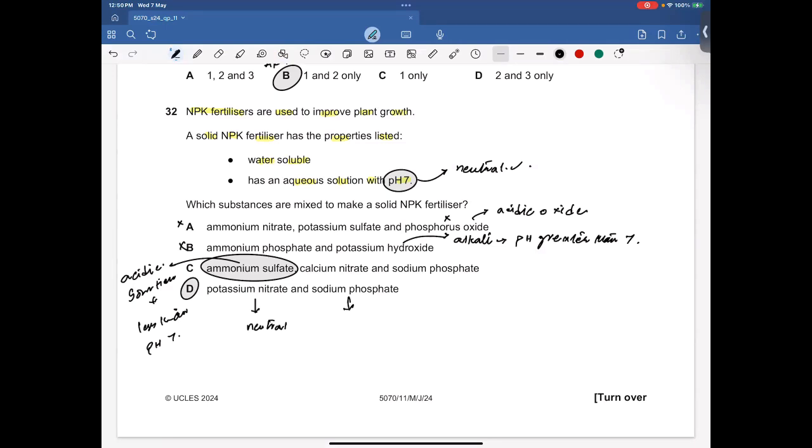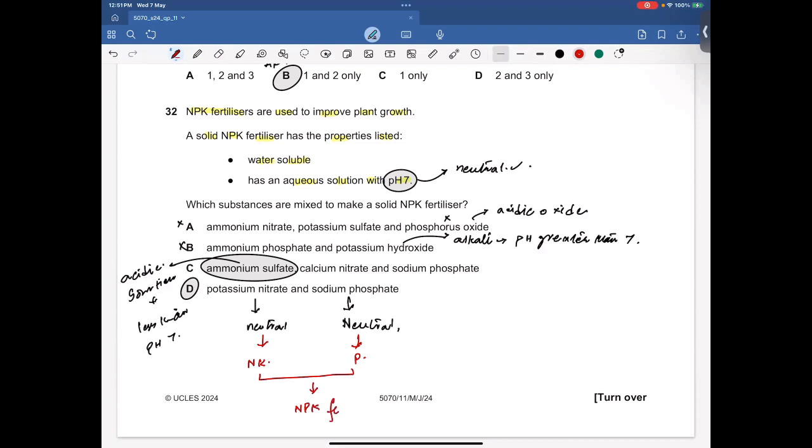और ये भी न्यूट्रल सॉल्यूशन मुझे देगा. सही है. इस सॉल्ट से मुझे N और P मिल रहे हैं. नहीं, नाइट्रोजन मिल रहा है मुझे और पोटेशियम मिल रहा है मुझे. यहाँ से नाइट्रोजन मिल रहा है, यहाँ से पोटेशियम मिल रहा है और यहाँ से मुझे फॉस्फोरस मिल रहा है. तो ये दोनों मिलकर क्या बना लेंगे?